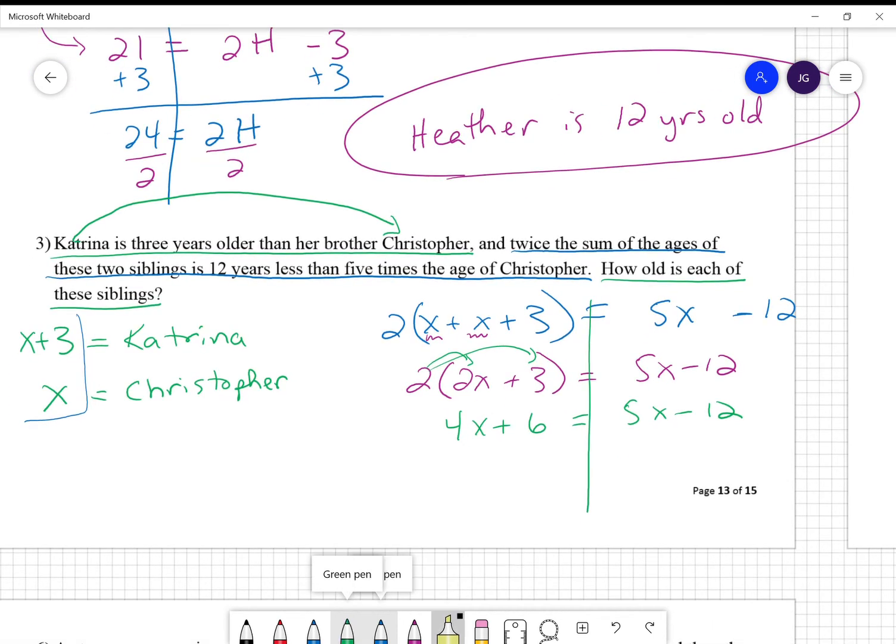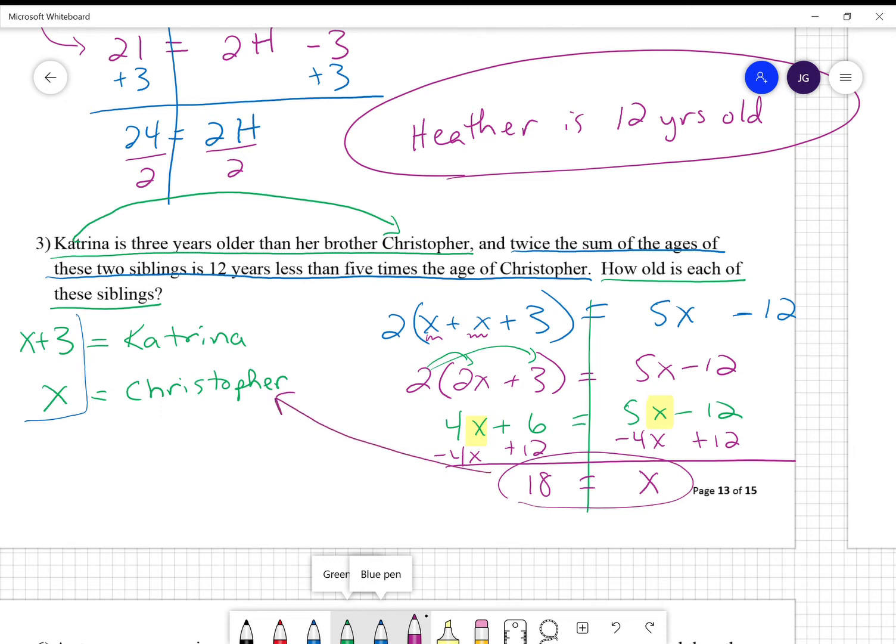I have X's on both sides. I have to get them together. I'm going to move the 4X. Since X is going to end up on the right, I'm going to add 12 to move that. I get X is 18.